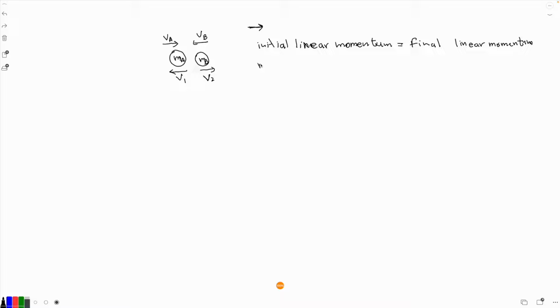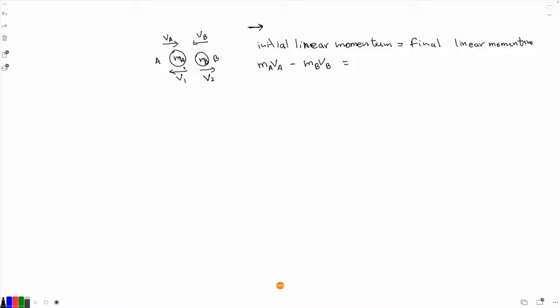The velocity of sphere a is in the same direction as ours, so it is a positive momentum, ma into va. Linear momentum of sphere b is mb vb, but the velocity of b is opposite to our considered direction, so it is a negative momentum.